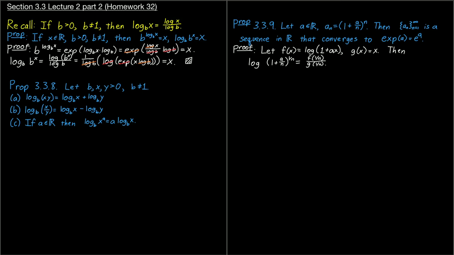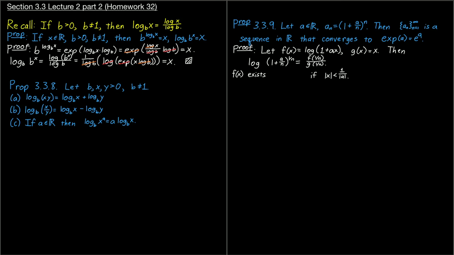And let me point out to you that f of x exists, and in fact, f is continuous if, let's say, the absolute value of x is less than 1 over the absolute value of a. Now, if a is positive, f of x exists for all positive x. If a is negative, f of x exists for all negative x. f of x exists for all x such that 1 plus ax is positive.